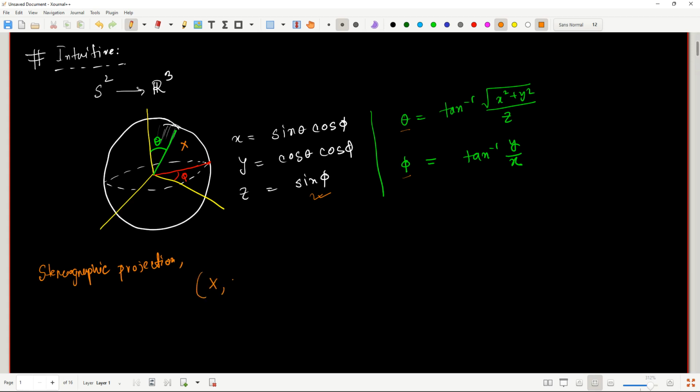The stereographic coordinates, let's denote them with capital X and capital Y, will be equal to x divided by 1 minus z, and y divided by 1 minus z.